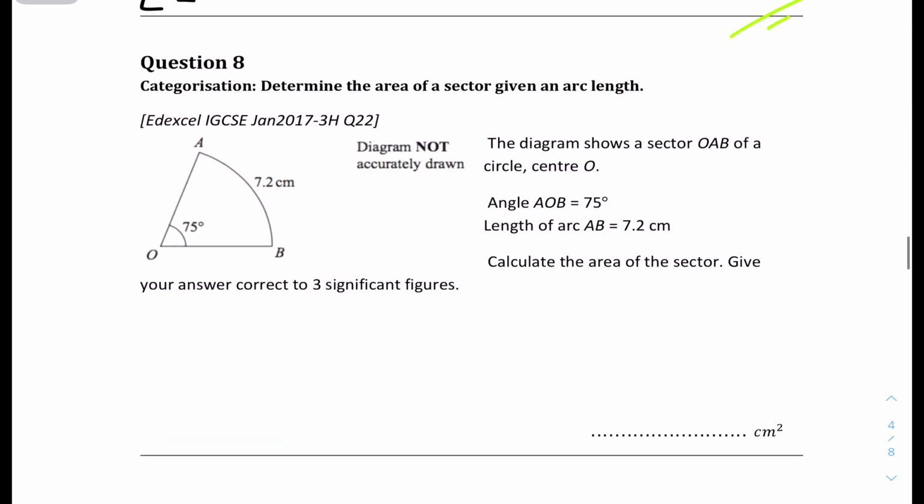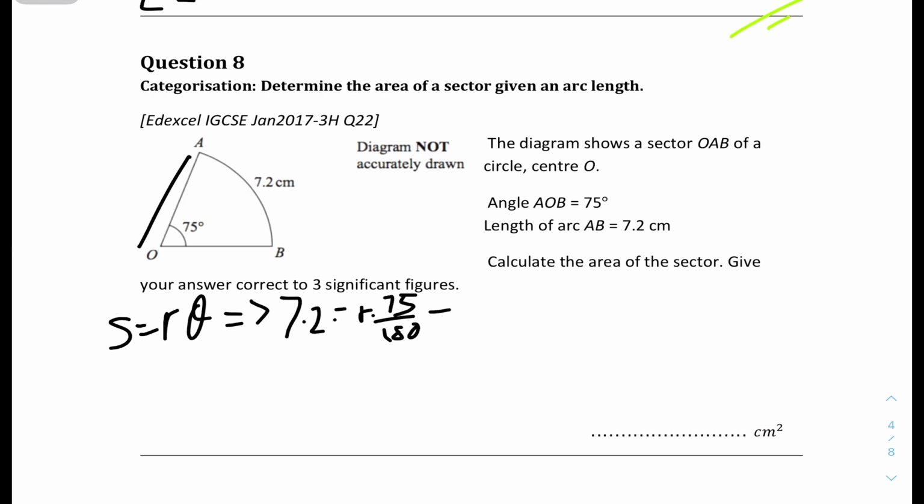And question 8, calculate the area of the sector, give your answers to 3 significant figures. So what we can do is find the radius first. We know that arc length equals r theta. This will mean 7.2 cm equals radius times 75 over 180 pi.